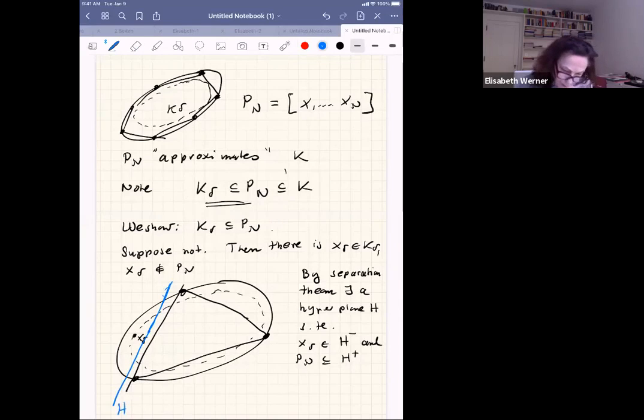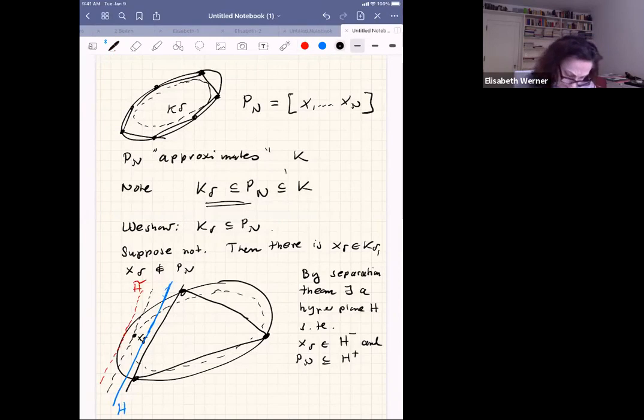Then what do we do? We move H so that it becomes a support hyperplane to the floating body. Let's call this H twiddle. So we move H parallel to get the support hyperplane to K delta, which I've called H twiddle.